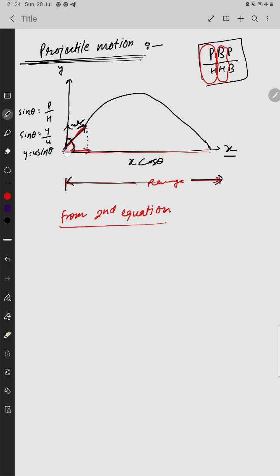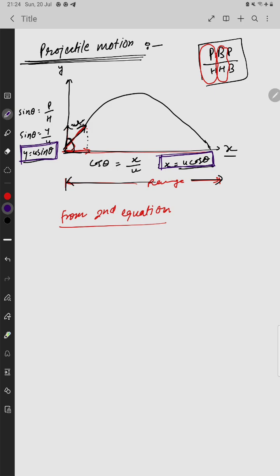And cos theta on the x-axis is base upon hypotenuse, base is x, upon hypotenuse u. So x is equal to u cos theta, and y is equal to u sin theta. This is the basic point you need to keep in mind, student. These are the important points, right?